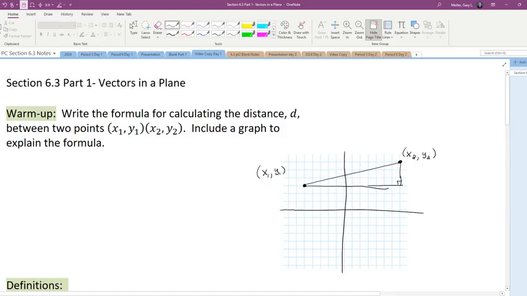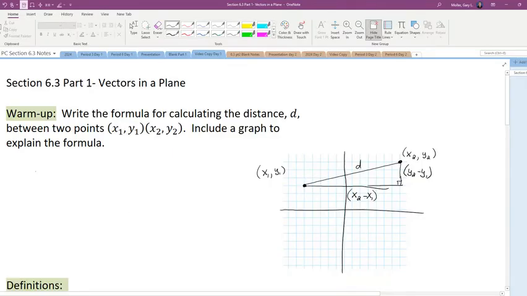So we're looking for this D. And how are we going to find the length of this leg? This, of course, would be the height of the highest one minus the smallest one. And this one would be the biggest one minus the smallest one. And so those are the distances of the two legs.